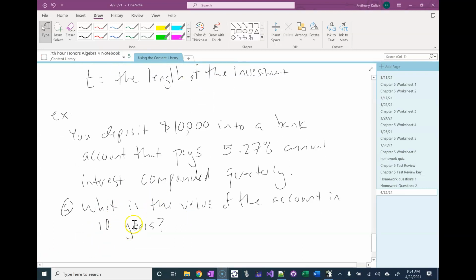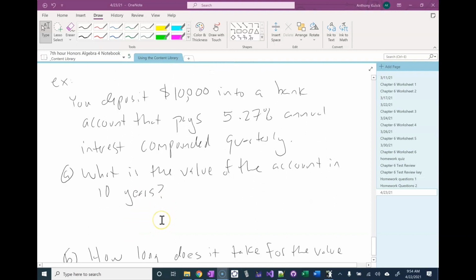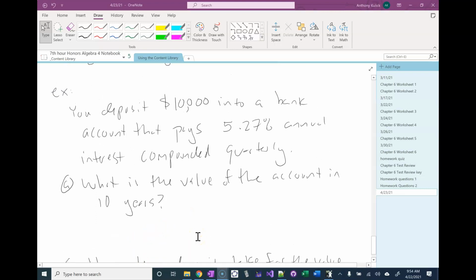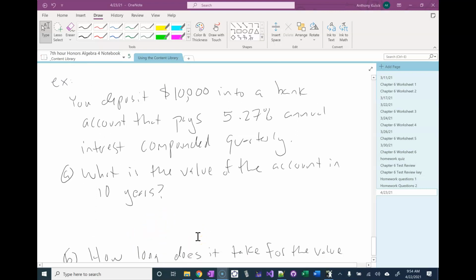What is the value of the account in 10 years, and then how long does it take for the value of the account to double? Here we're clearly talking about compound interest, since we're investing money into a bank account with an interest rate.